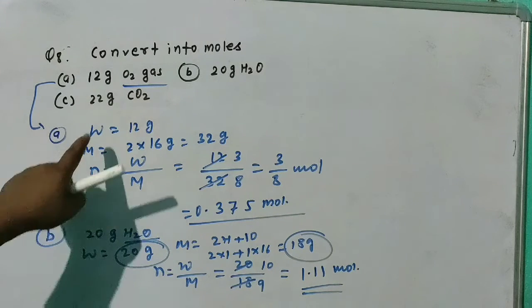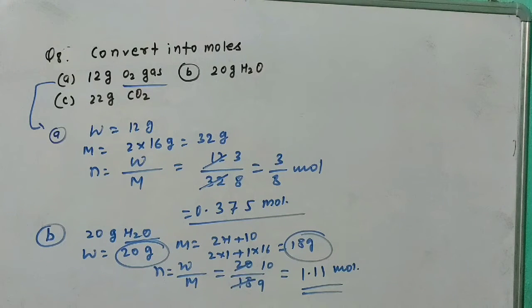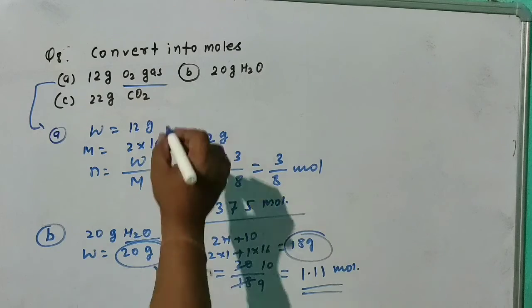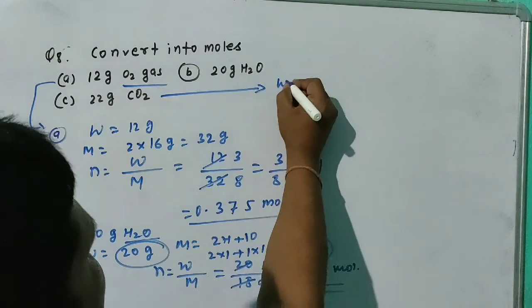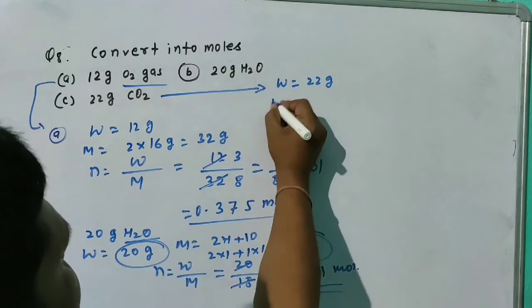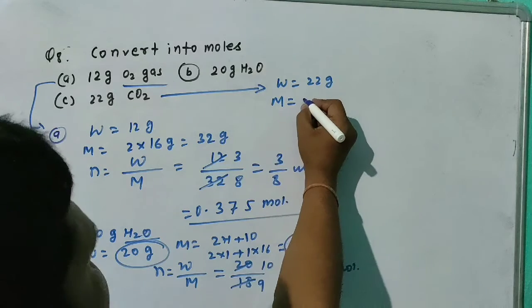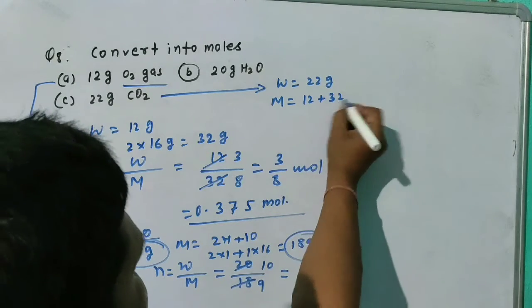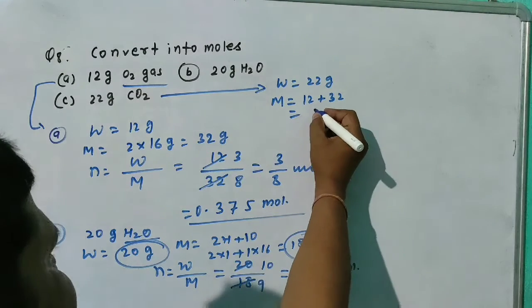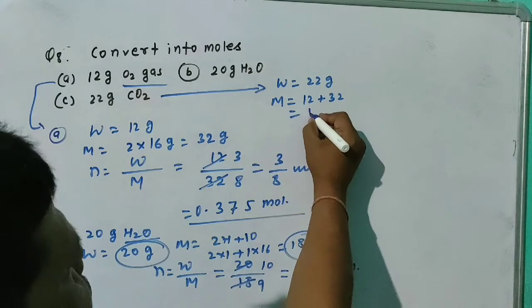Now next is 22 gram carbon dioxide, you can calculate here. Given mass is equal to 22 gram, and molecular mass you can calculate here: 12 plus 32, that is equal to 44 gram.